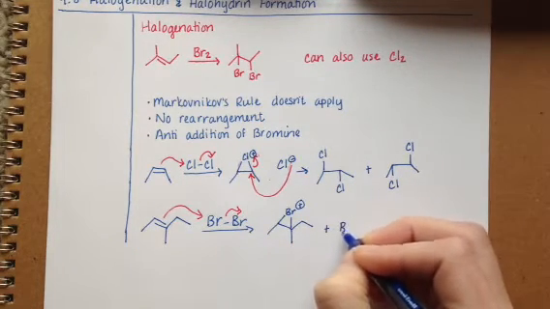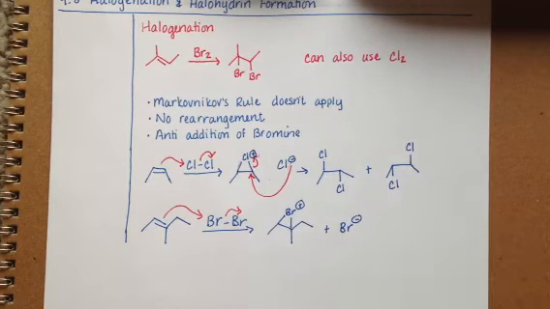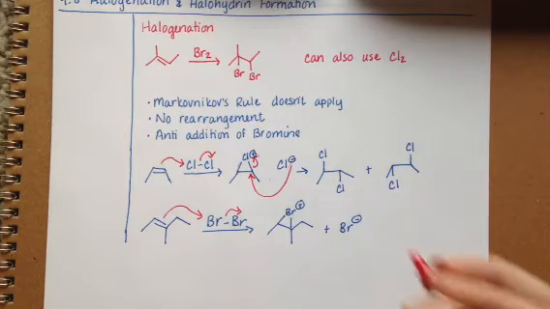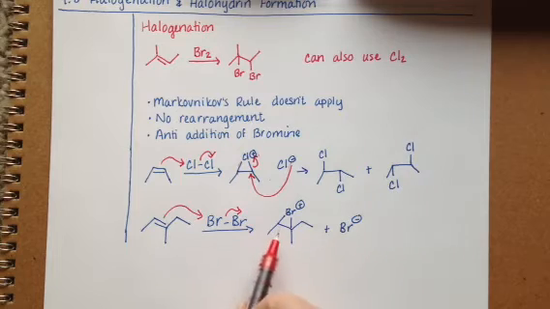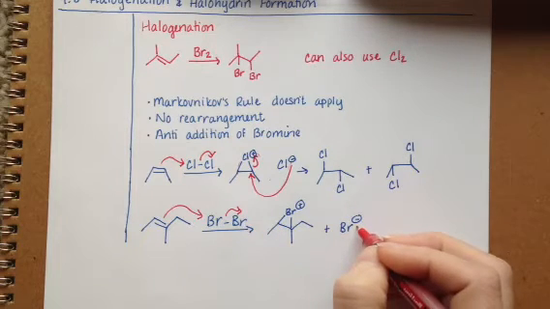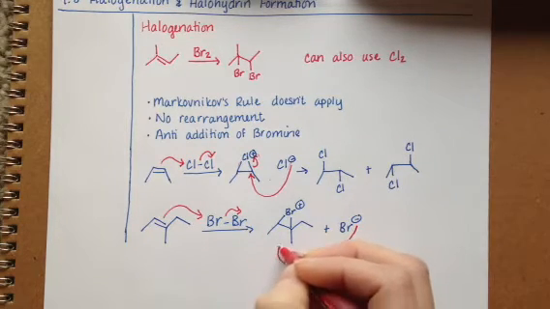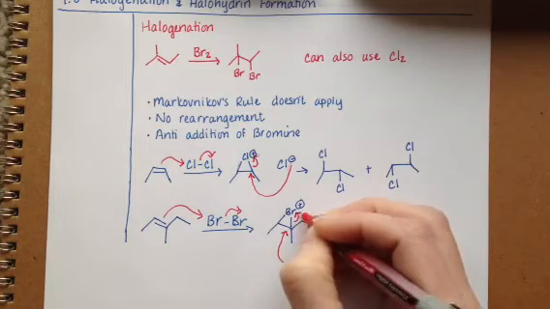So we make our bromonium ion in this case, and then our bromide ion is going to come in and attack from underneath the other bromine, and it doesn't matter which carbon we have it hit because it's going to end up hitting both.